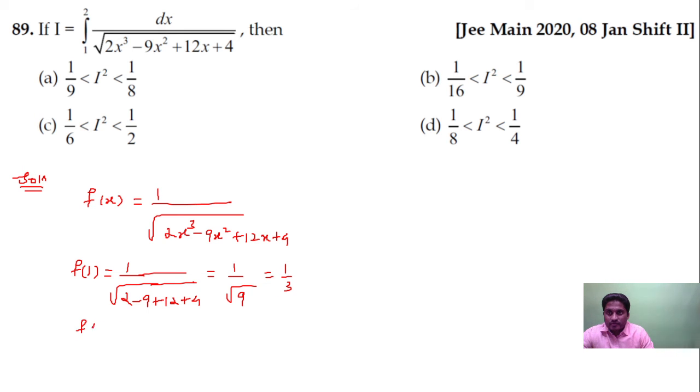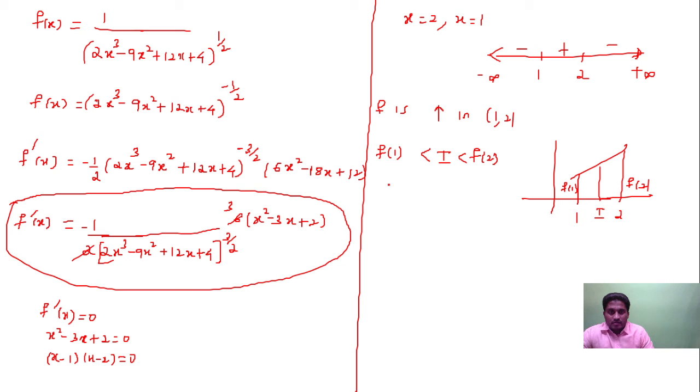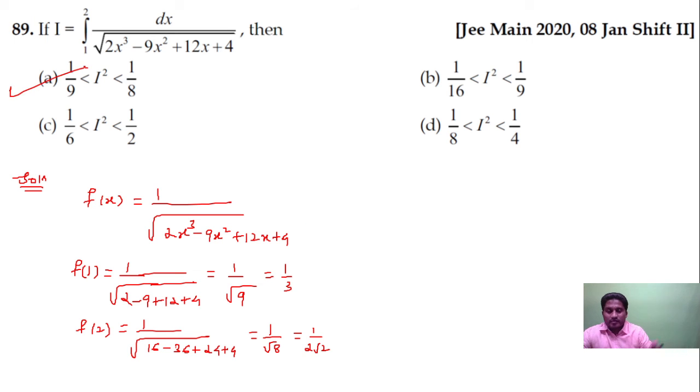And f of 2 will be equal to 1 upon root of 2 cube is 8, 16, minus 36, plus 24, plus 4. So you get root 8, which is same as 2 root 2, so 1 divided by 2 root 2. So 1 by 3 is less than I and less than 1 by 2 root 2. Obviously 1 by 9 is less than I square is less than 1 by 8. So I square lies between 1 by 9 and 1 by 8. Answer is option A.